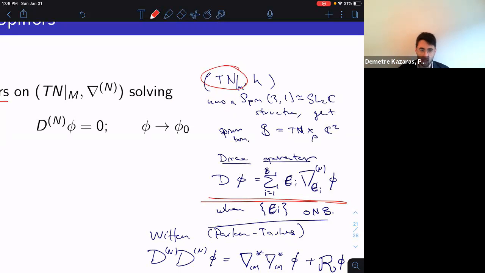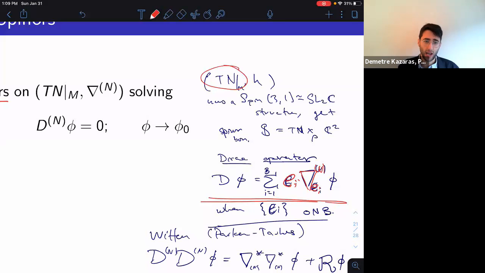You get it by taking, in an orthonormal frame, vectors e_i and Clifford multiplying them by the derivative of the spinor phi in the direction of e_i, using the connection from the Lorentzian manifold. You sum this over all i equals 1 to 3. That is another spinor, the Dirac operator applied to phi.